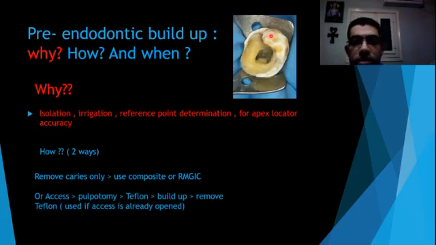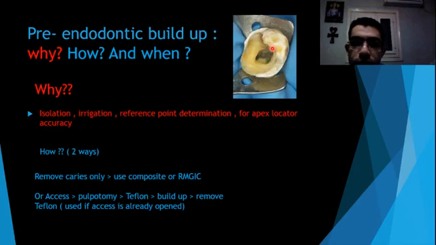But in cases where you already have an actual exposure in the tooth, you can open your access cavity, then you do a pulpotomy or removal of the pulp tissue from the pulp chamber. Then to avoid having the restorative material go inside the pulp chamber, you block your pulp chamber with a cotton pellet, or better, with Teflon.